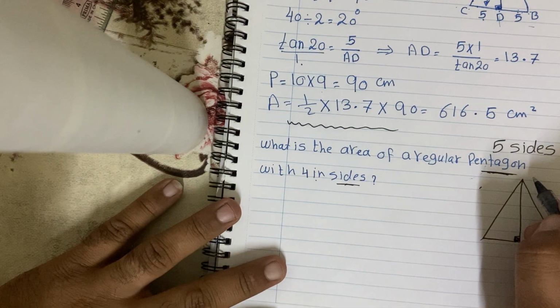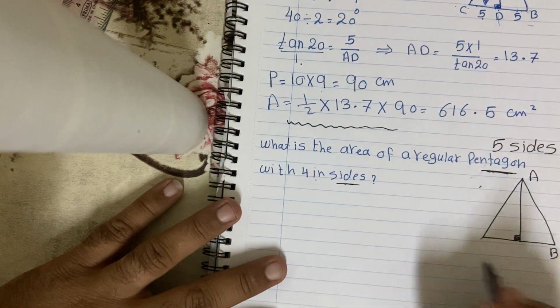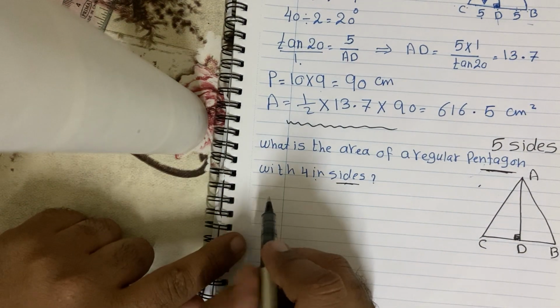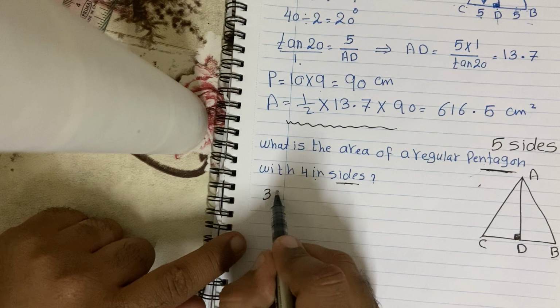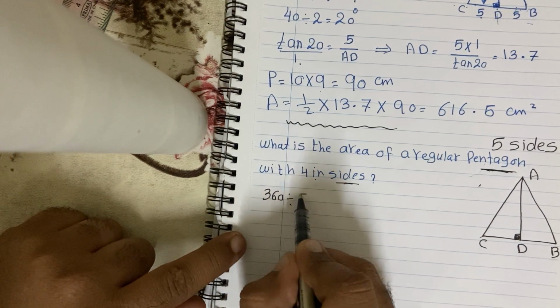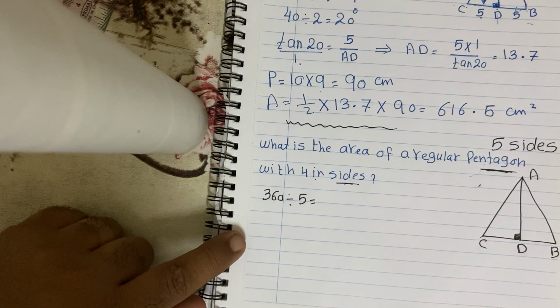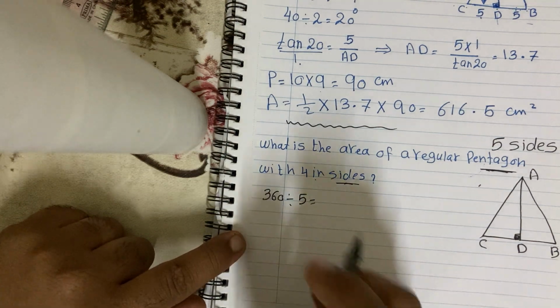If the triangle is ABC, this will be D. First, we are going to make 360 divided by 5 because it's a pentagon. 360 divided by 5 is 72.